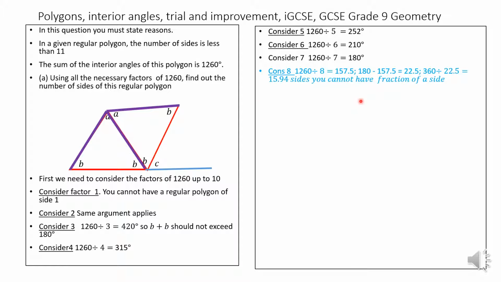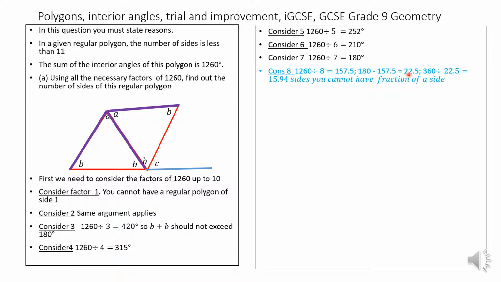Anyway, but carrying on from there, if the interior angle is 157.5, and we're looking at a regular polygon, the sum of the interior angle and the corresponding exterior angle is 180 degrees. So if you subtract 157.5 from 180 degrees, you end up with 22.5. So the exterior angle in this case is 22.5.